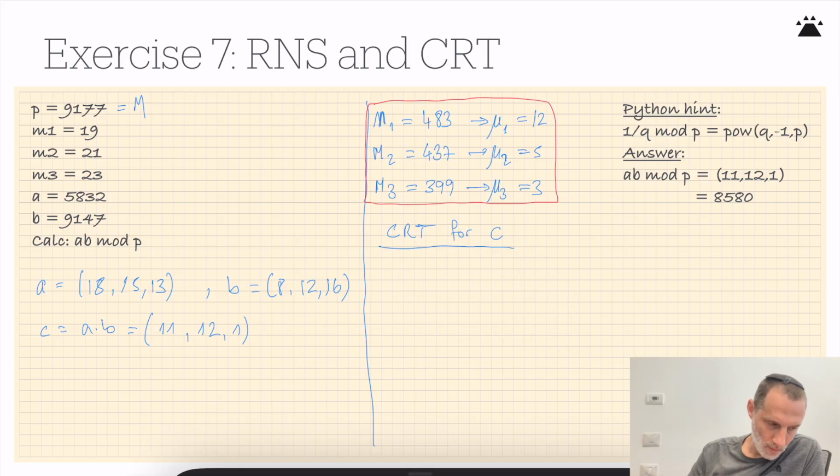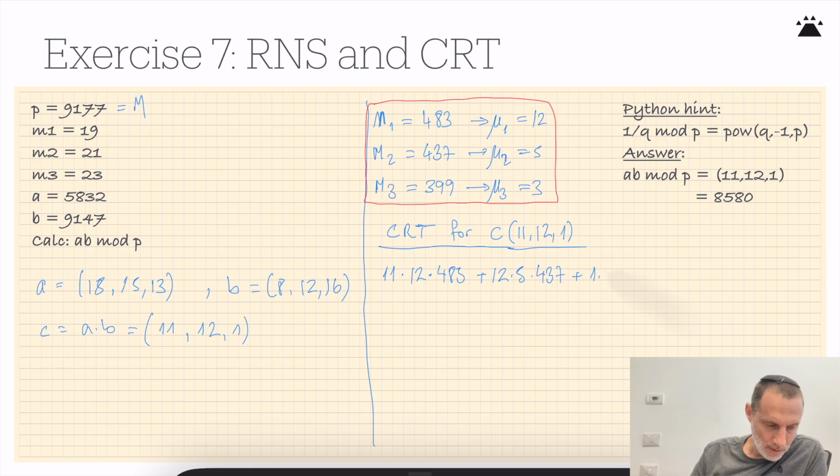So we take the first coordinate, 11 times mu1, which is 12, times big M1, which is 483, plus 12 times mu2, which is 5, times big M2, which is 437, plus 1 times mu3, which is 3, times big M3, which is 399.